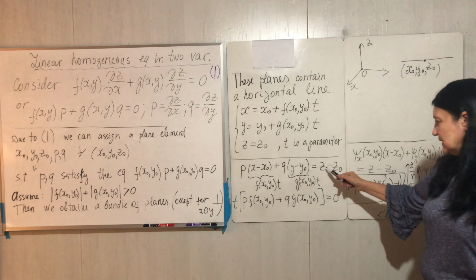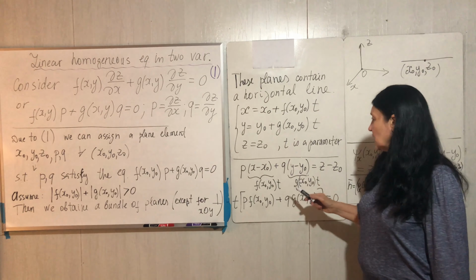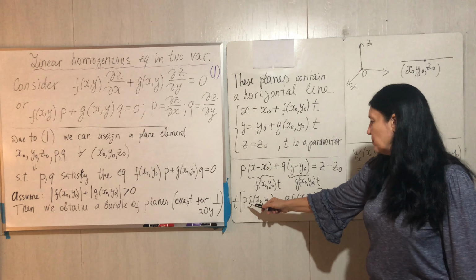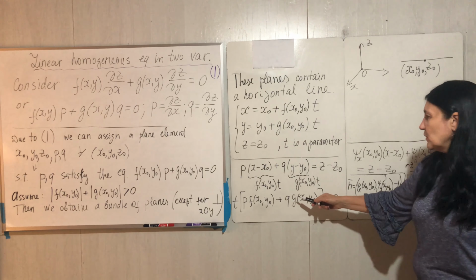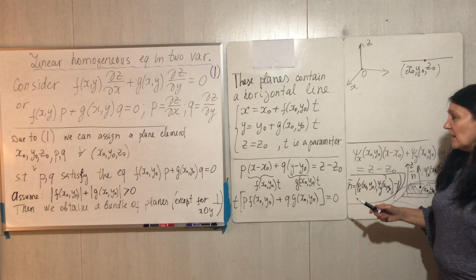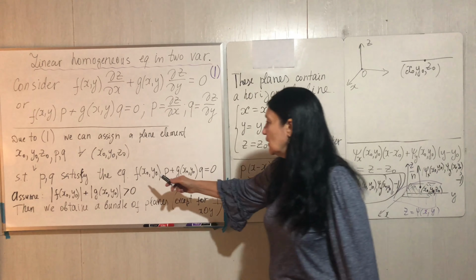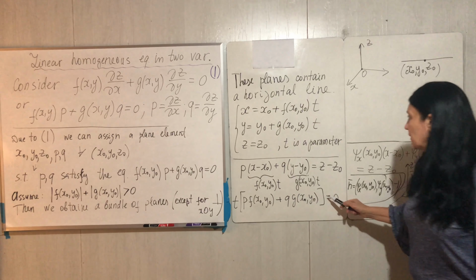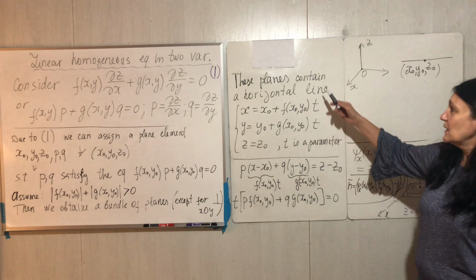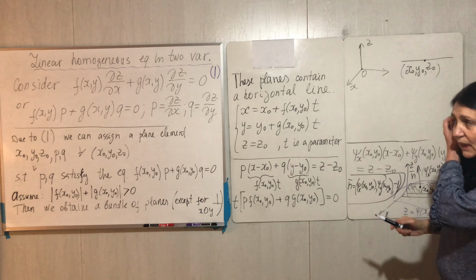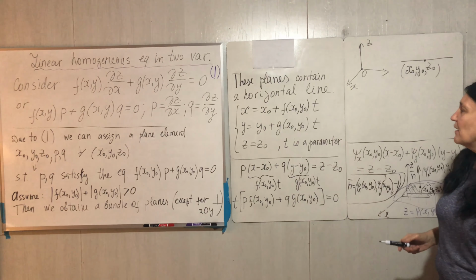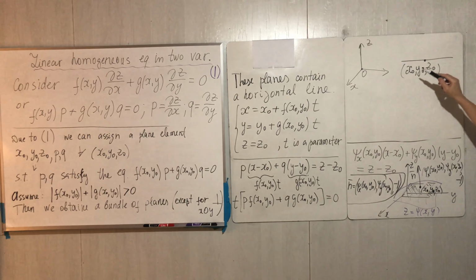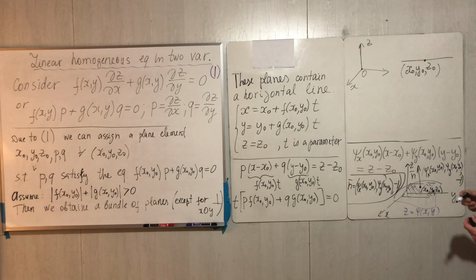Then I pull out t, and the equation becomes pf plus qg. If we said that p, q satisfies this equation, then we have 0, so we can see that our planes have this horizontal line.